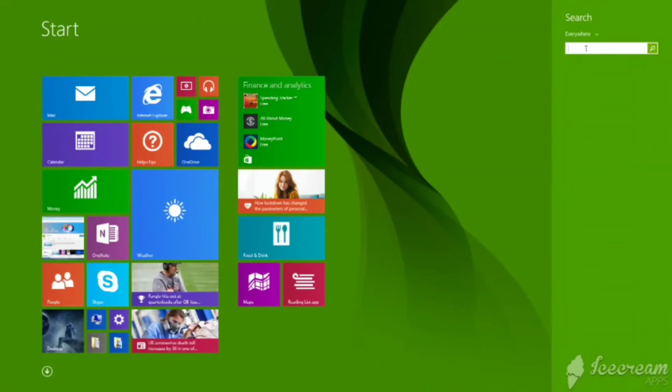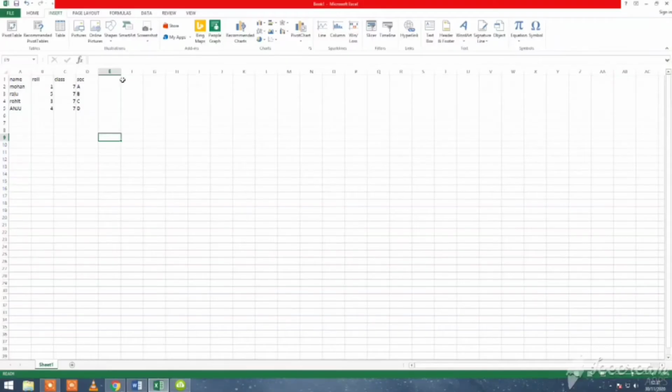How to open your MS Excel chart? Go to your search option, search MS Excel. Okay, some example data for name, roll number and section. Go to your insert option. Select the data and go to your insert option.